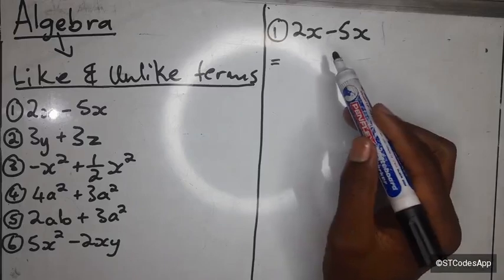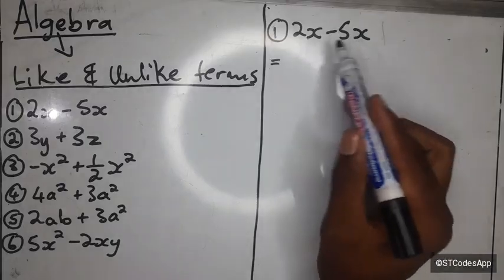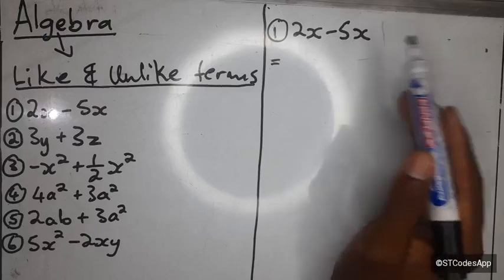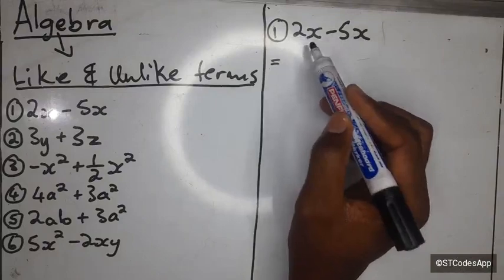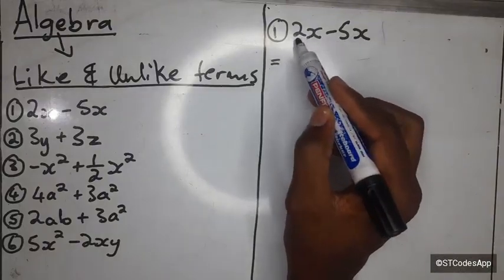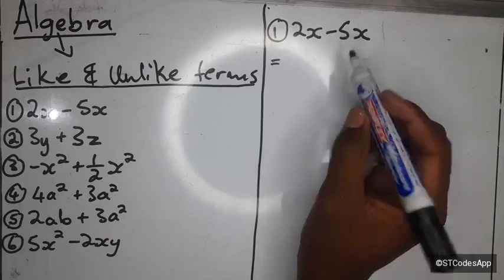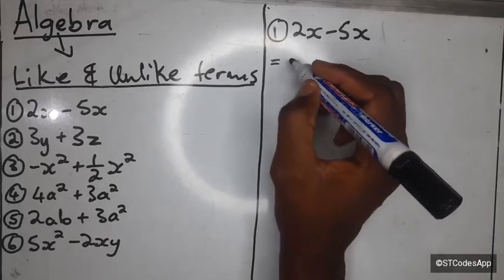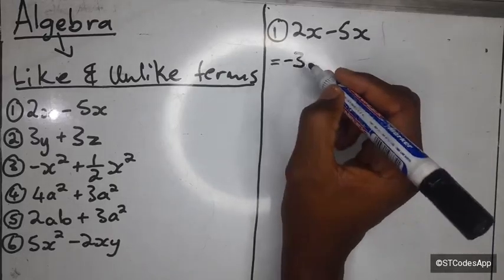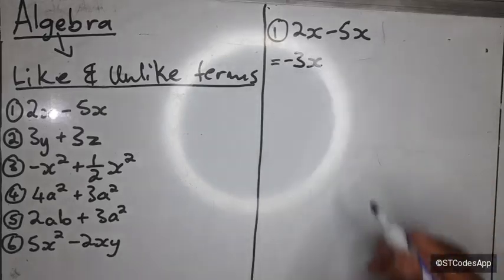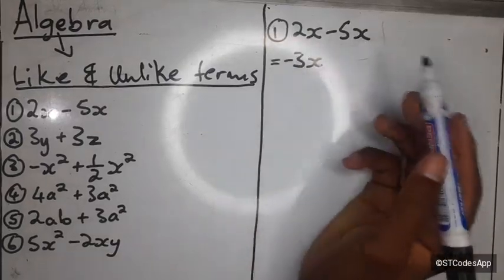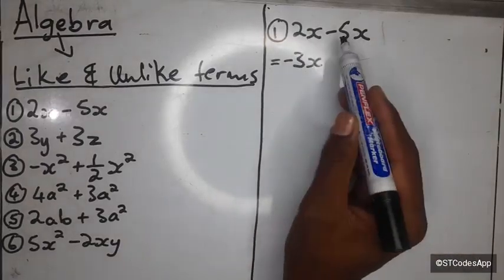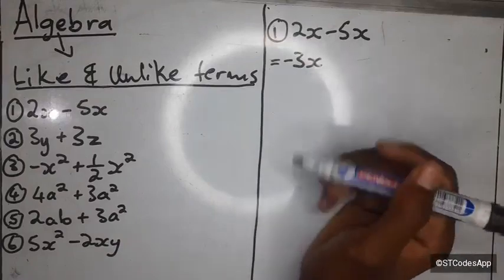Once you conclude that the two are like terms, focus on the numbers. In your calculators, just plug in 2 minus 5, which will give you minus 3. Then bring back your variable. So this is what we do with like terms: deal with the numbers in your calculators and find your answer.